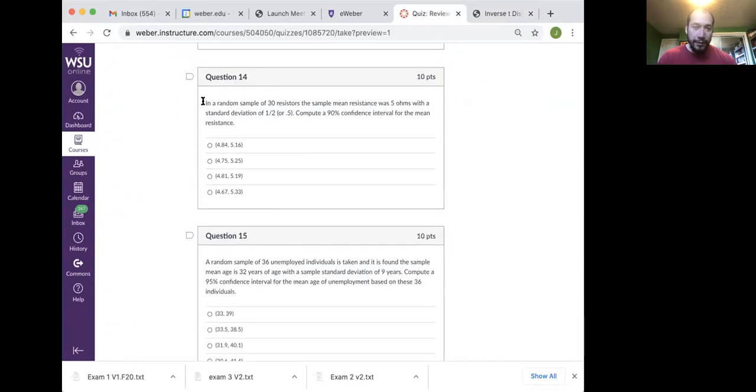Let's look at question 14, and let's work this problem. The first question is, which formula, 1 or 2? Then I'll go back to sharing my iPad and we'll work out this value.